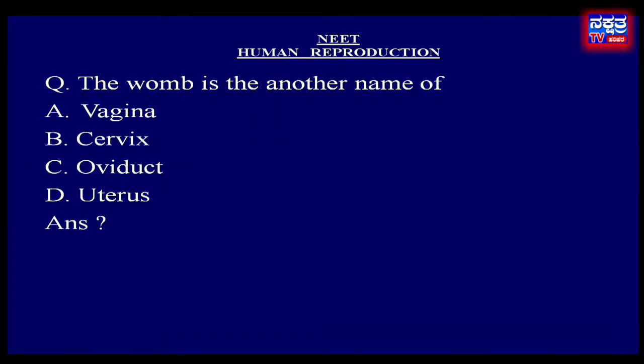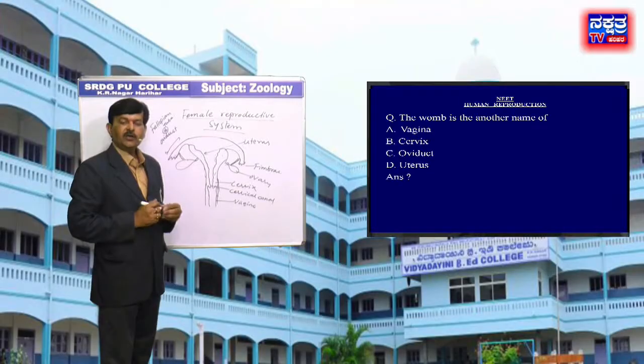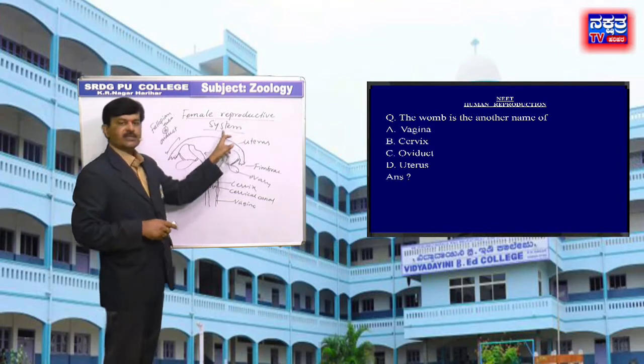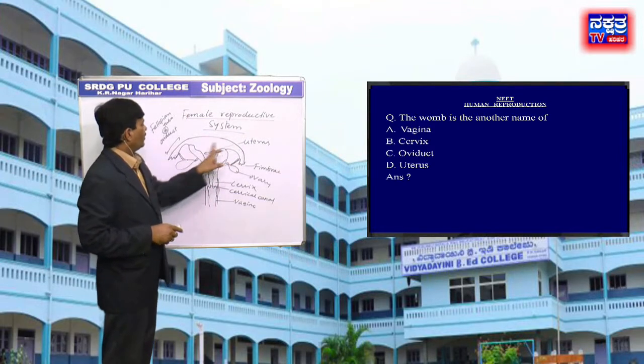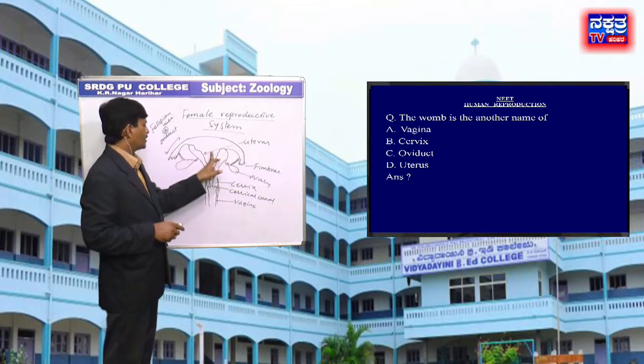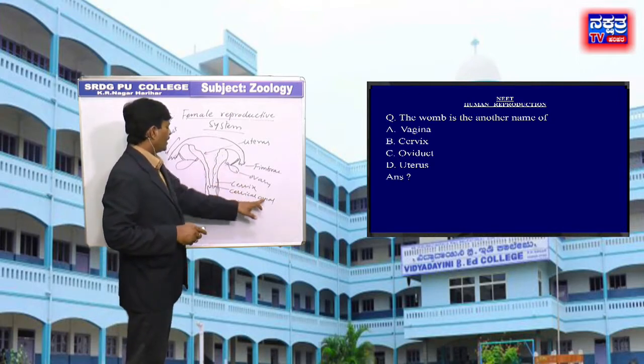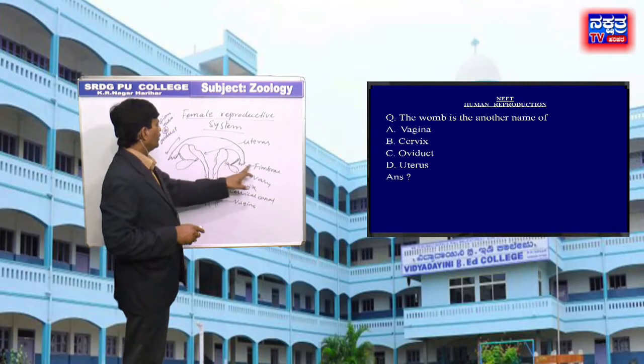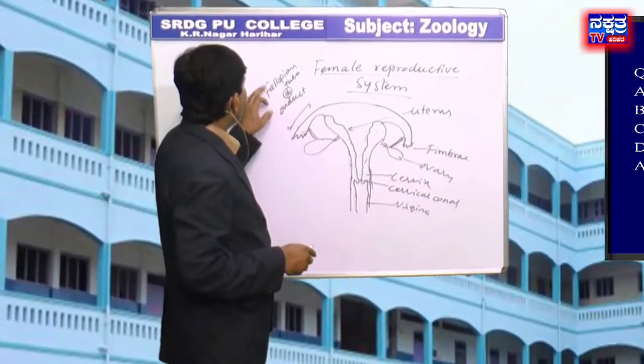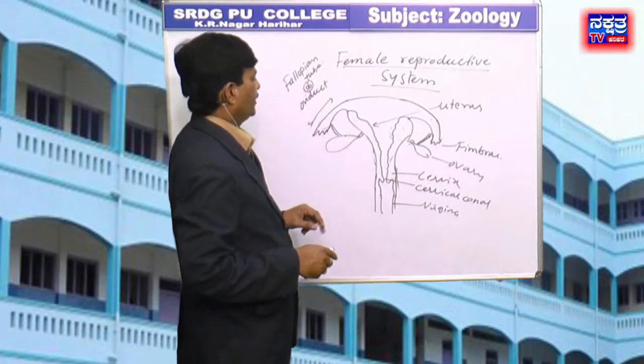Move to next question. The womb is the another name of option A, vagina, B, cervix, C, oviduct, D, uterus. Watch on board. In humans, female reproductive system consists of first part, that is uterus, next second one is ovary, cervix, cervical canal, vagina, and the fallopian tube, or it is also called the oviduct.